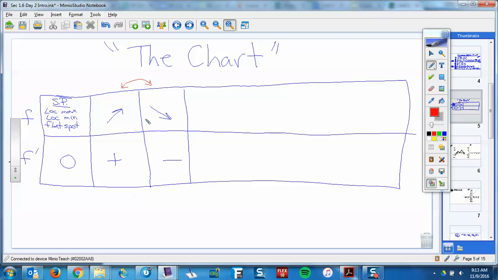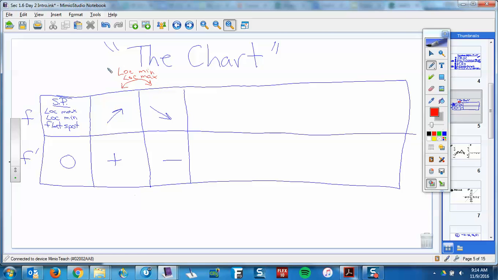Well, you got F going up, then down. What is F if it goes up, then down? Local max. Or if you switch the other way, if F prime goes negative to positive, then F is down to up, which is a local minimum. So when you switch these two columns is when you get your local min or local max.